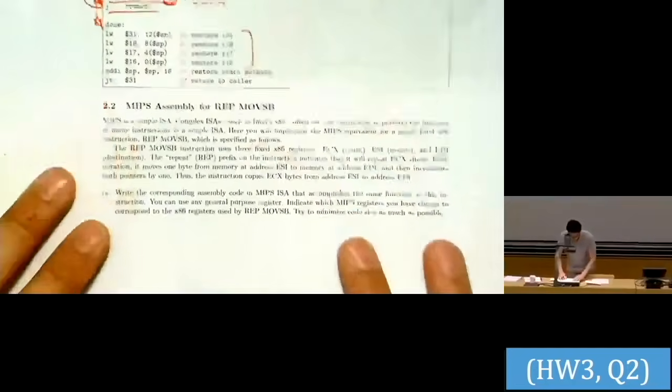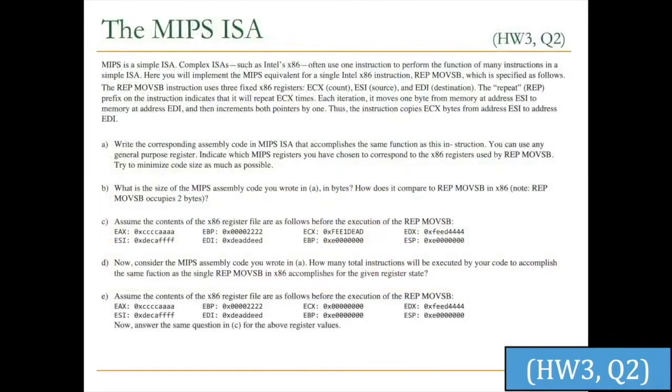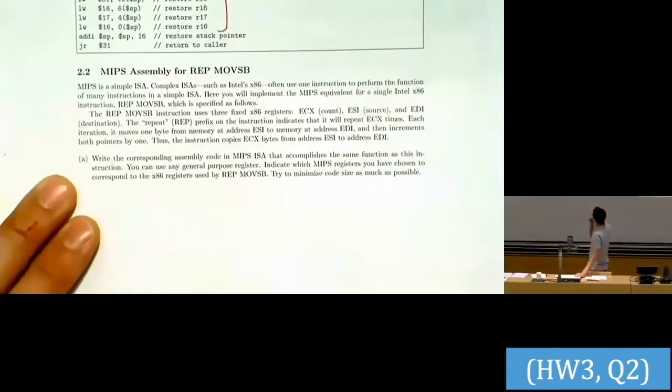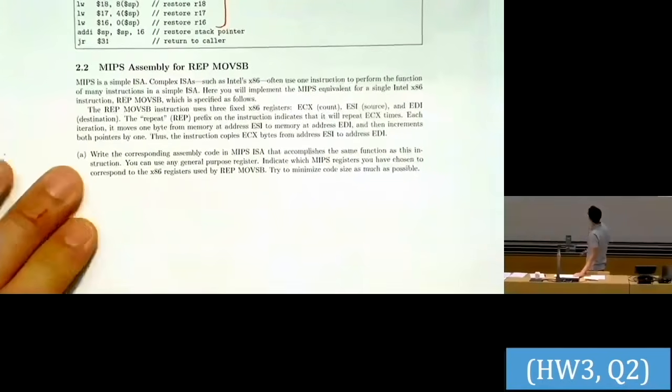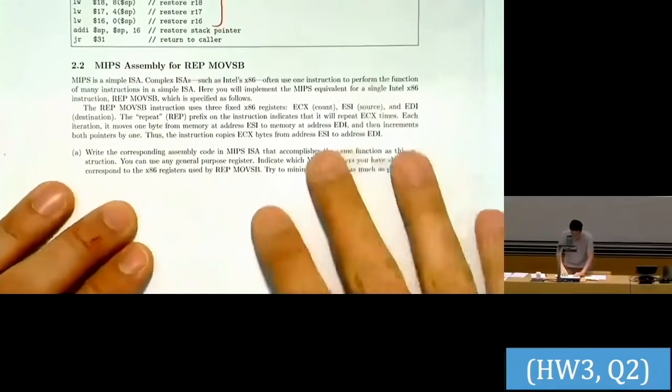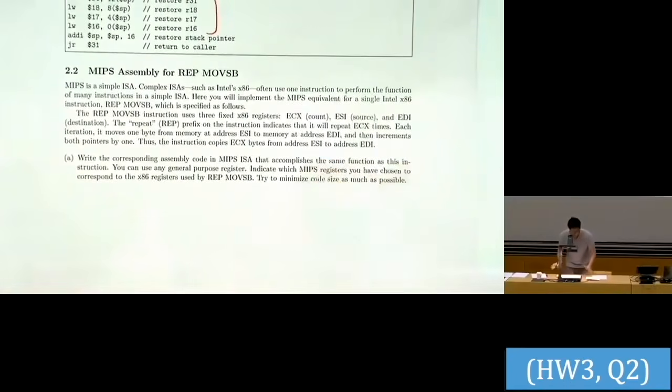Okay, let's go to part 2. And here, MIPS assembly for rep movsb. So here we are asked to write some MIPS code that is going to do essentially what one x86 instruction does.